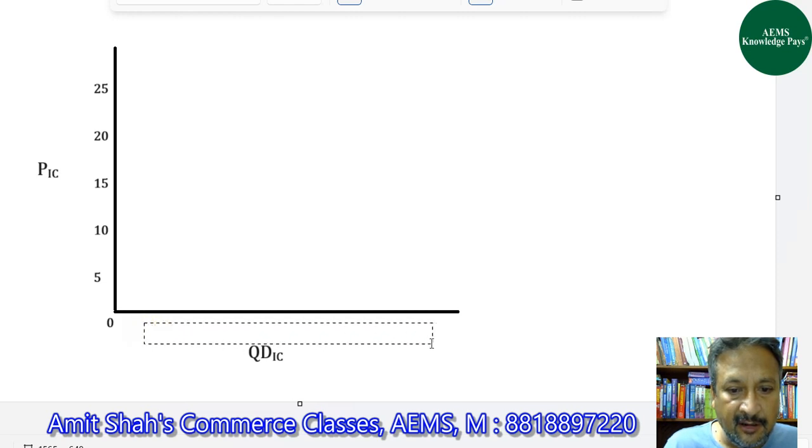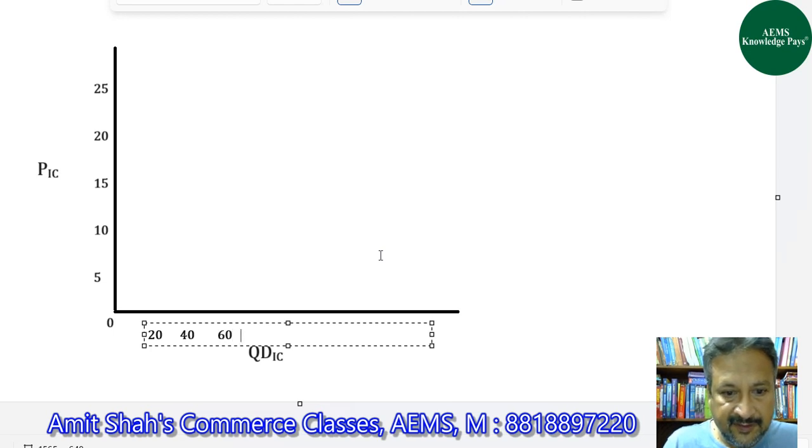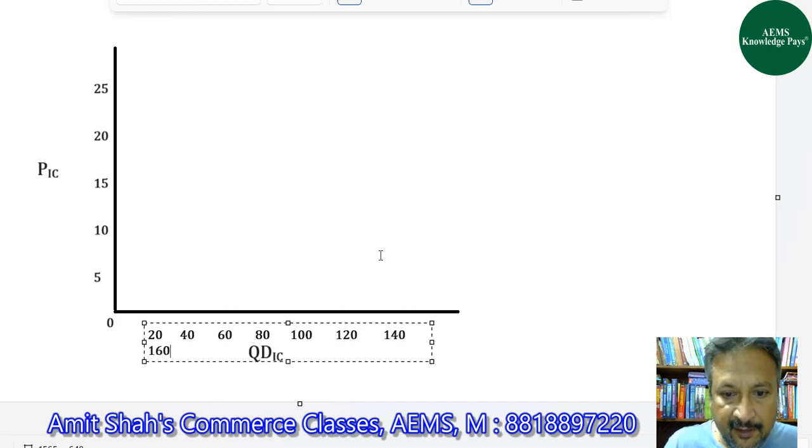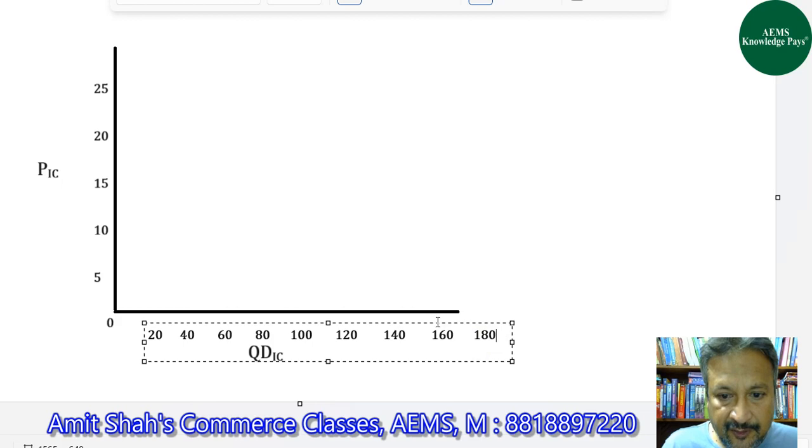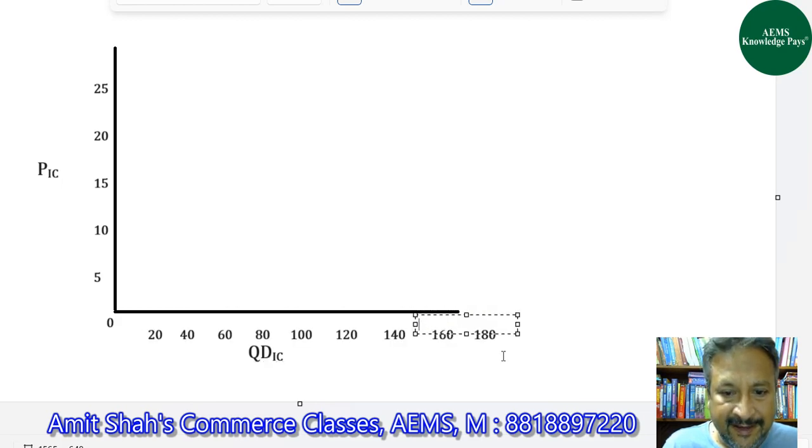And here I am making a scale for quantity demanded: 20, 40, 60, 80, 100, 120, 140, 160, 180. So here I have made a scale of 20.